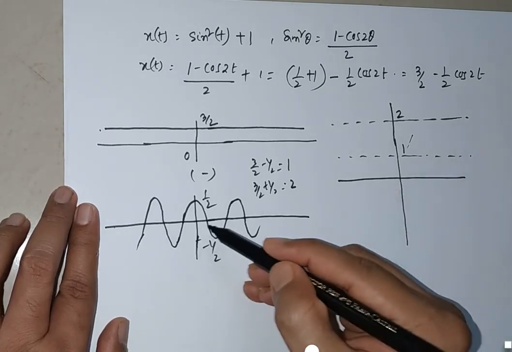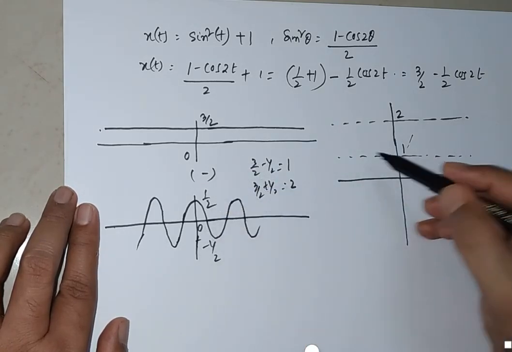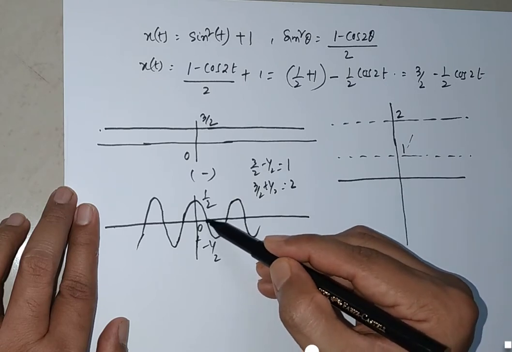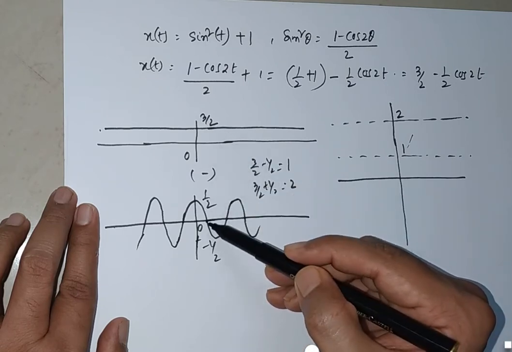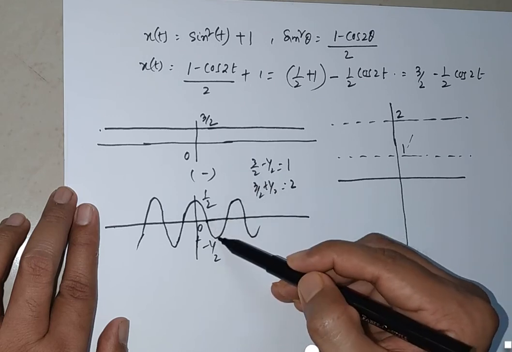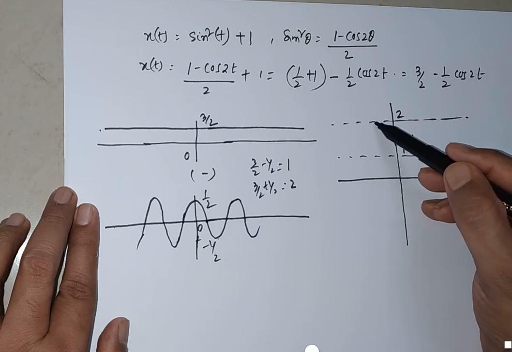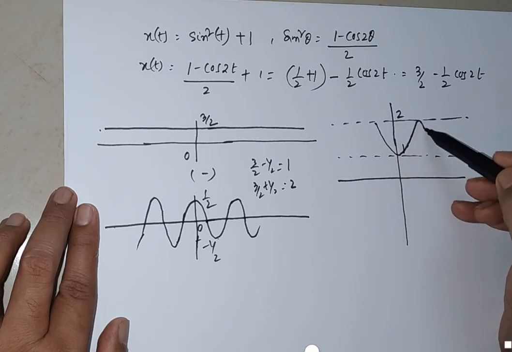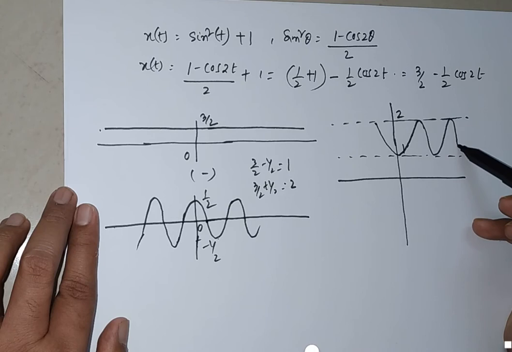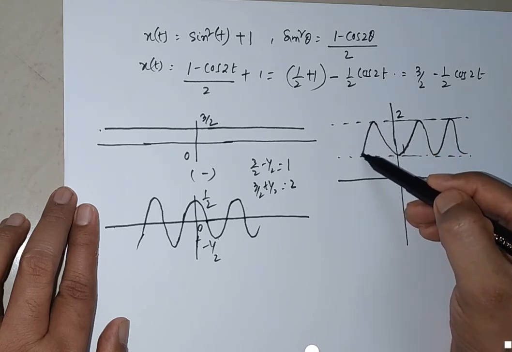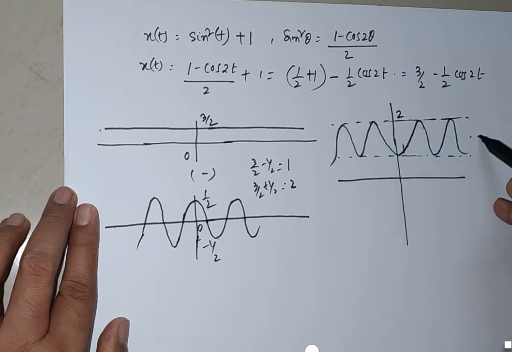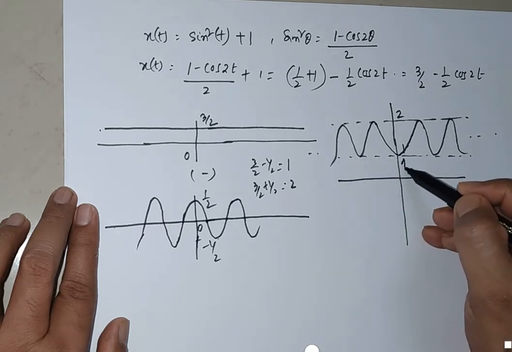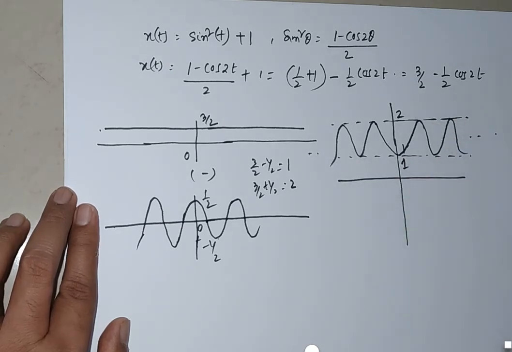Simple, the plot is: at 0 it is 3 by 2 minus 1 by 2, that is 1, then slowly here it is 3 by 2 minus 0, which is 3 by 2. Then if you come to the negative peak, 3 by 2 minus half is 2. So how is the plot? The plot becomes like this. This is your 2.